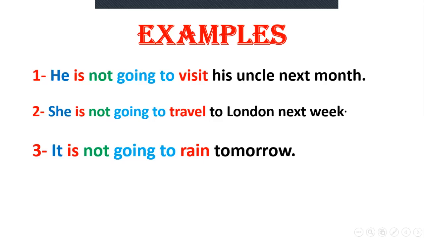Where do we use not in the sentence? We use it after verb to be to make a negative sentence, my students. Take care. Use not after verb to be. It is not going to rain. And take care here also, we use the verb rain in infinitive. Why do we use the verb rain in infinitive? Excellent. Because after going to, we must use a verb in infinitive.